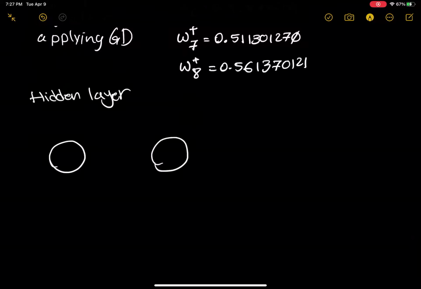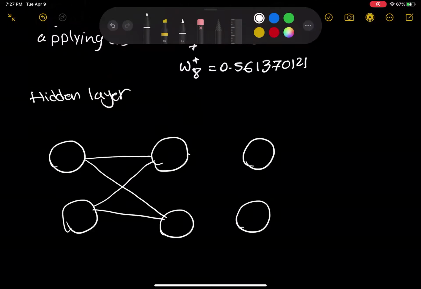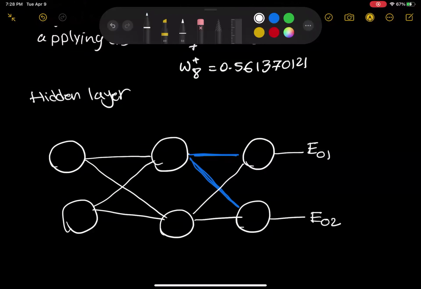I want to draw it bigger. Same network, but let me draw this one with a different color. Then I'm going to have here and here. And here I have E of o1. Here we had E of o2, right?